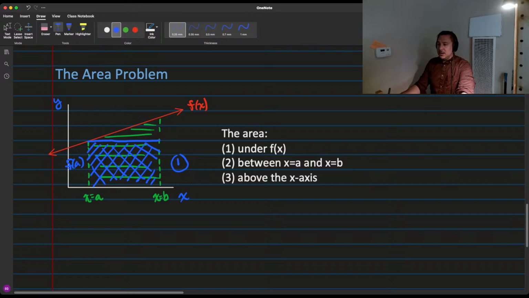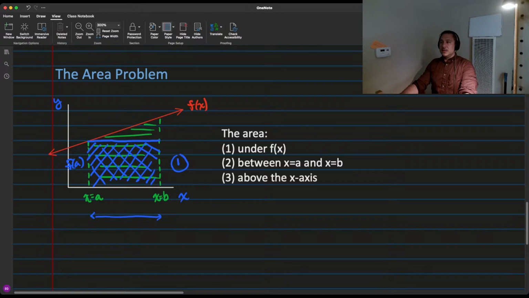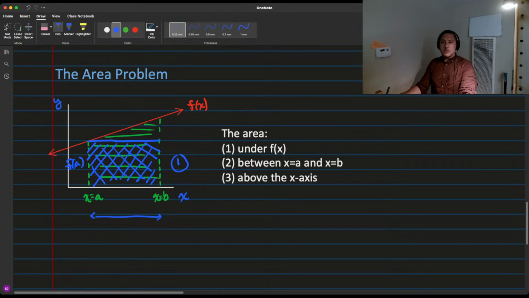Now how wide is it? How far is it from here to here? If you're going from a to b, how far is it between a and b? I'll just tell you, it's b minus a.